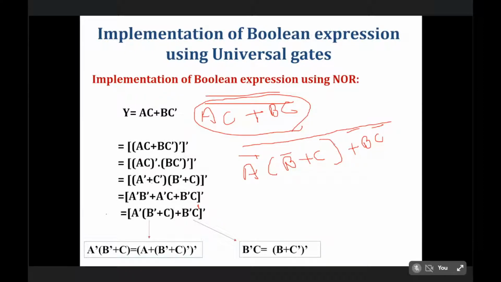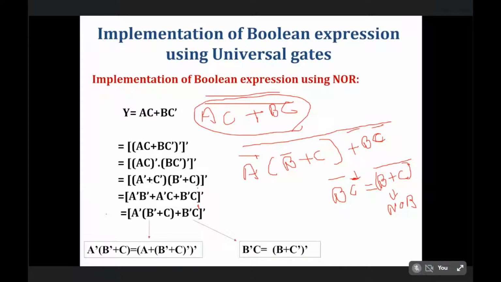So if we observe this thing, this is in the complement form. And this B bar, C bar will be replaced by B plus C, the whole bar. Okay. So this is the simple NOR implementation.